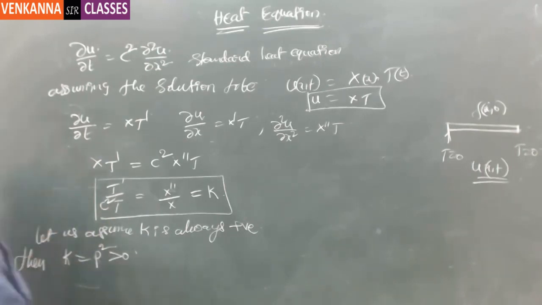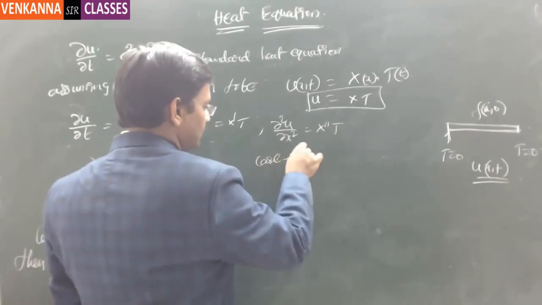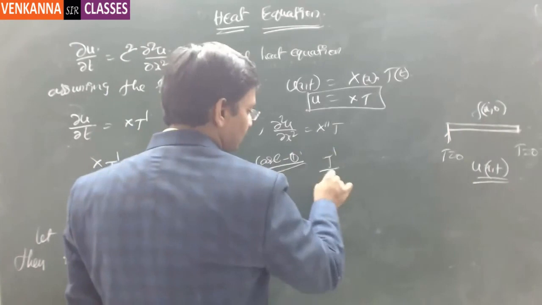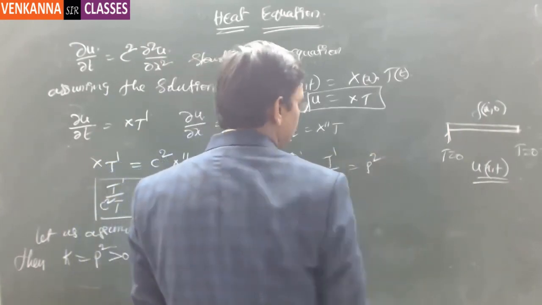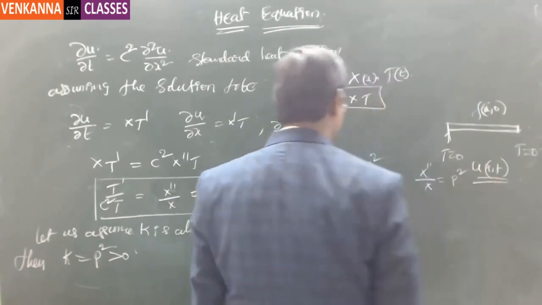Now if you put that in, this is case 1. Case 1: T dash by c square T is equal to p square is one equation, and X double dash by X is equal to p square is another equation.